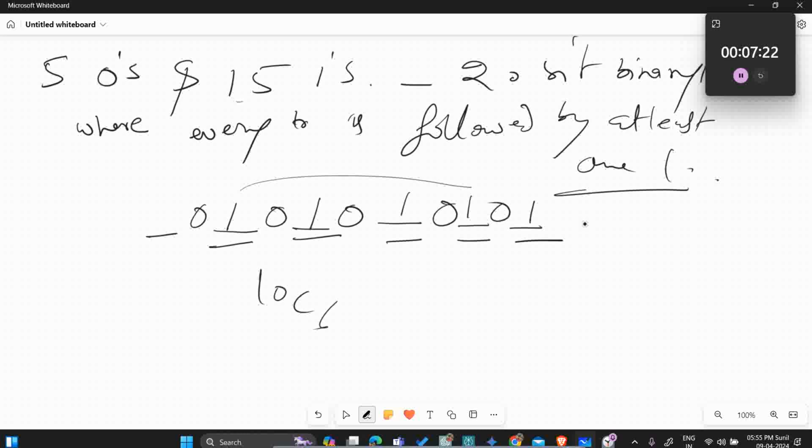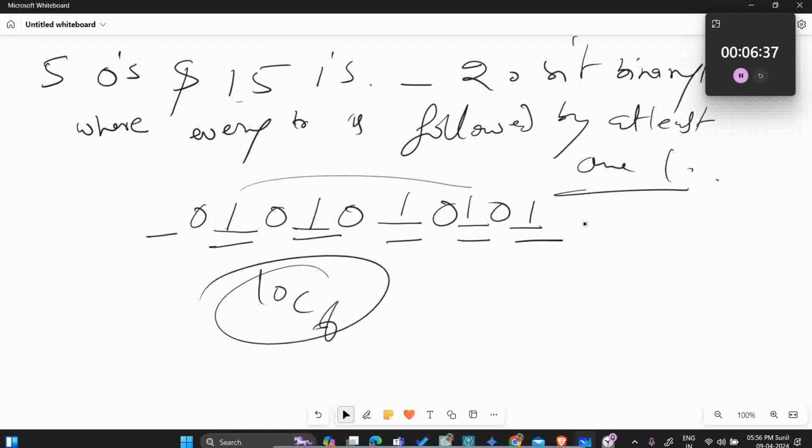So 10C6, we can select 6. Is it not like that? 0 1 0 1 0 1 0 1, at least one one. It is going to be followed by 2 also.